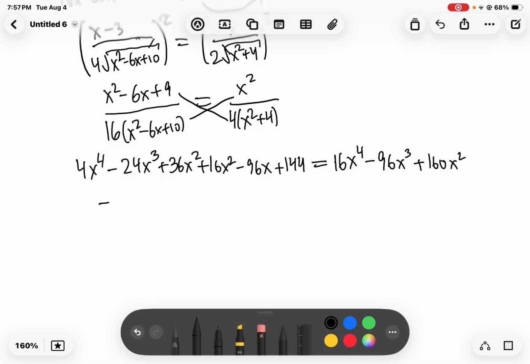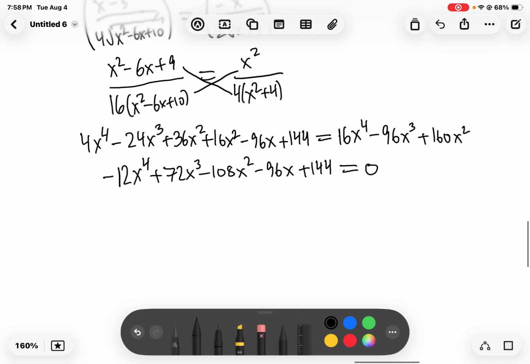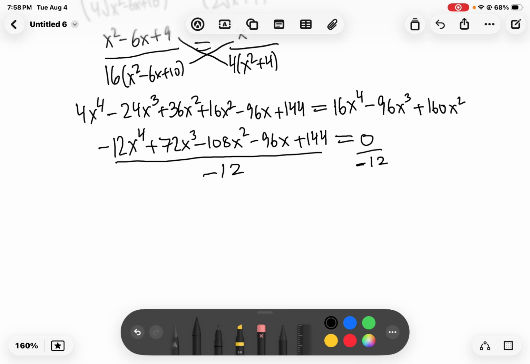Okay, so we have 4x to the fourth. So then we have negative 12x to the fourth plus 72x cubed minus 108x squared minus 96x plus 144, and that's equal to 0. Okay, and so then notice that very conveniently we can divide both sides evenly by negative 12. And so that's very nice because now the left-hand side simplifies to x to the fourth minus 6x cubed plus 9x squared plus 8x minus 12 equals 0.